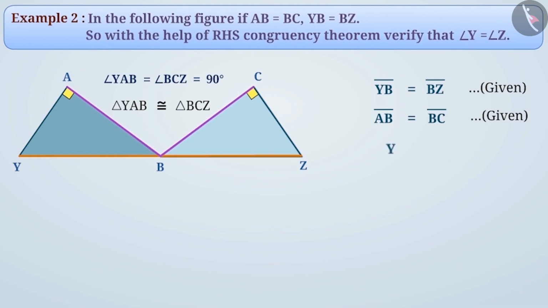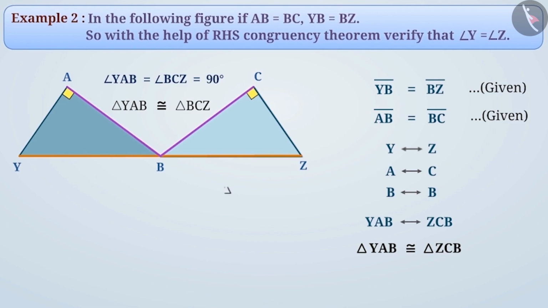Here, vertex Y corresponds to the vertex Z. Vertex A corresponds to the vertex C. Vertex B corresponds to the vertex B. That is, YAB corresponds to ZCB. So, we can say that triangle YAB is congruent to triangle ZCB.